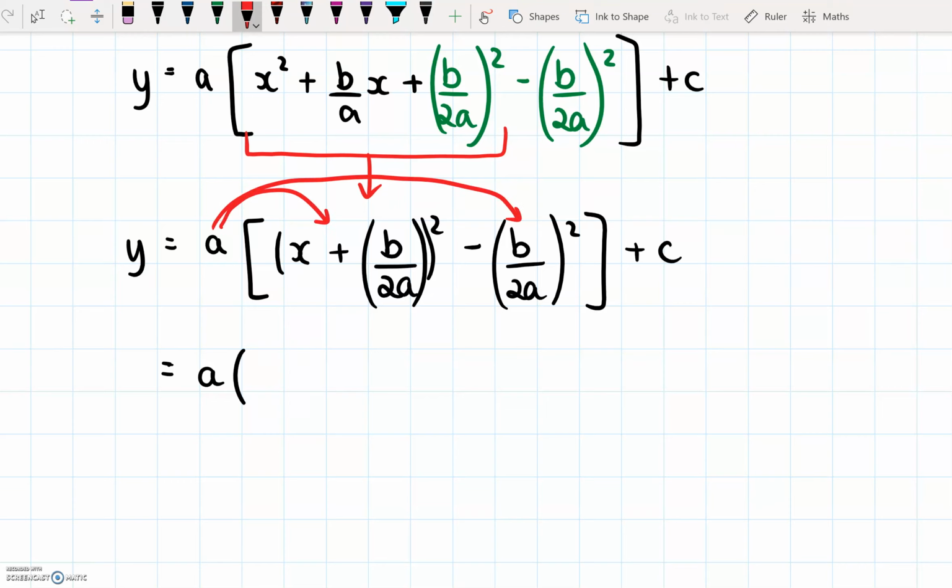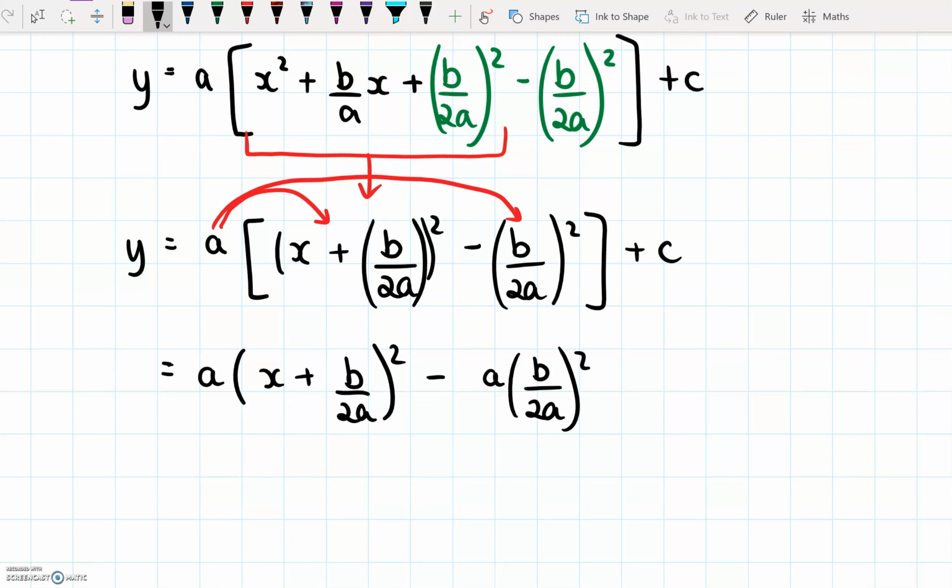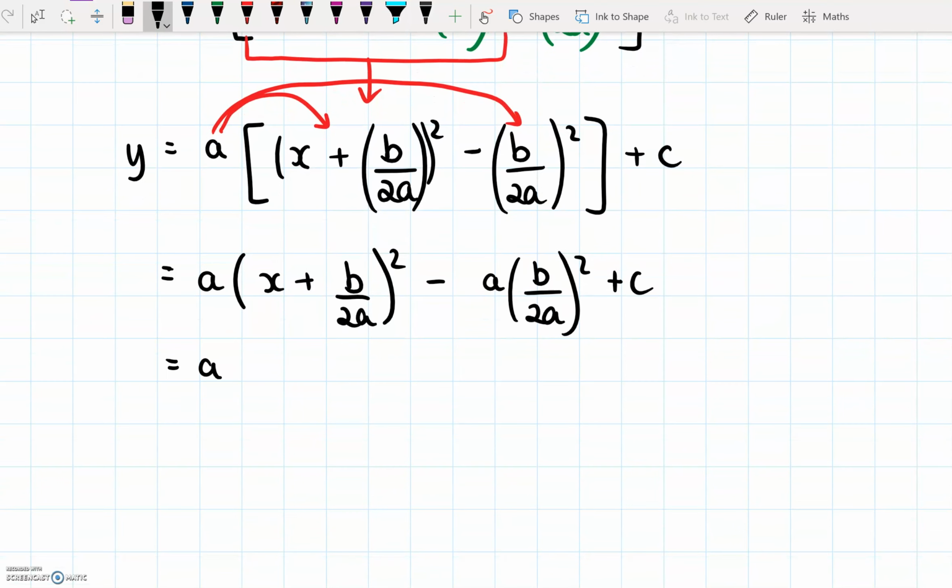Okay, so we're going to get a times x plus b over 2a squared minus a times b over 2a squared plus c, all right, which is equal to a times x plus b over 2a squared minus ab squared over 4a squared plus c.